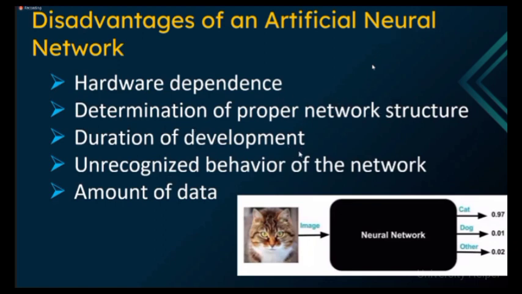And duration of the development: it will consume some time. If it is a case of image processing, it will take some time. And unrecognized behavior of the network and the amount of data are also very important. That's why most researchers and research scholars go for a standard algorithm rather than an ANN, because it's a drawback for the ANN.